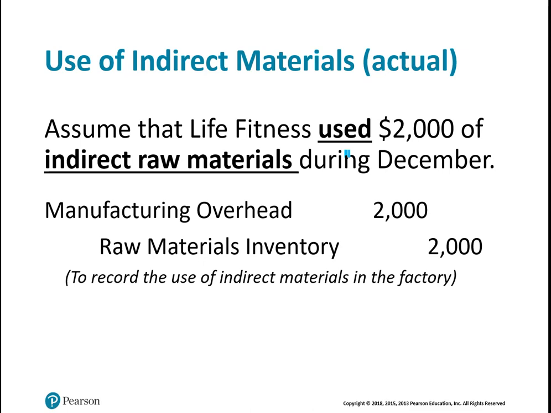Now we also used some indirect materials, and remember that indirect materials and indirect labor is actually manufacturing overhead. And we are always going to debit manufacturing overhead for the actual amount, which means the amount used, and then later on we will allocate manufacturing overhead.